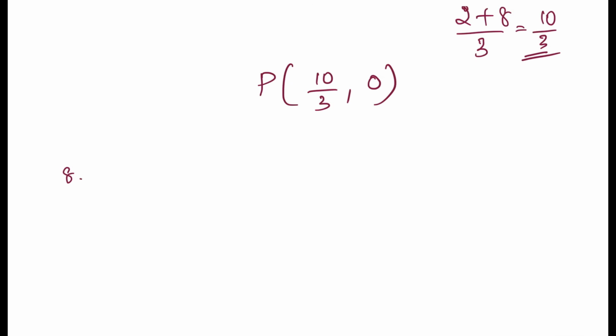Points A, B, C, D divide the line segment joining (5, -10) and the origin in 5 equal parts. So the origin (0, 0) I can take, and the other point I have is (5, -10).